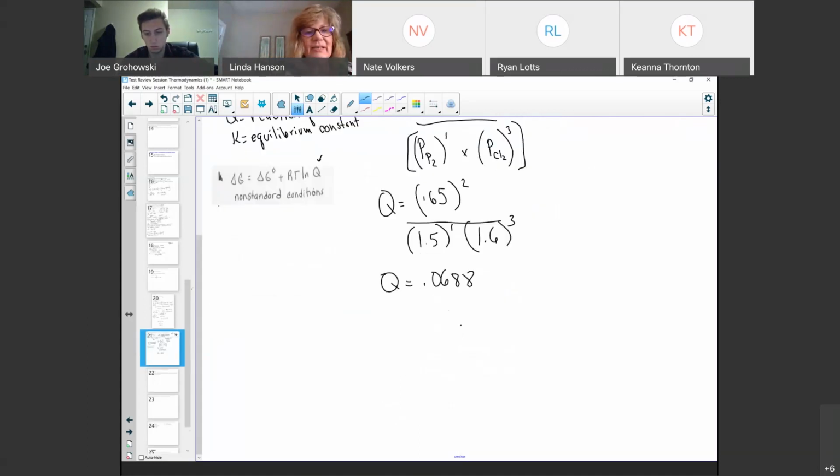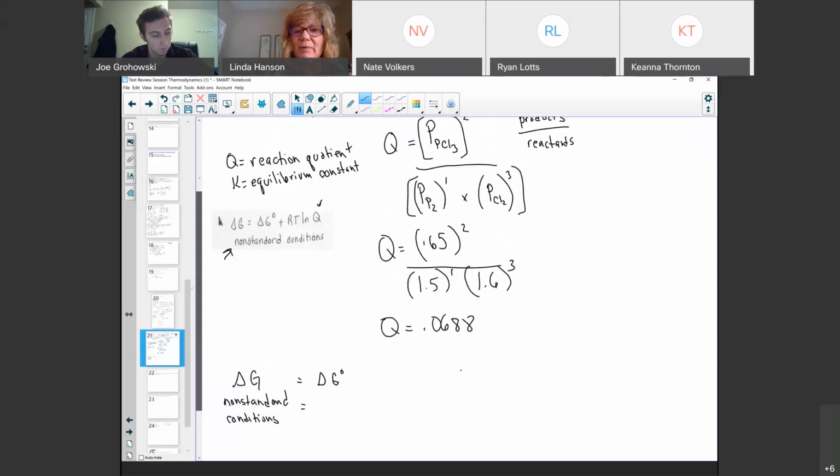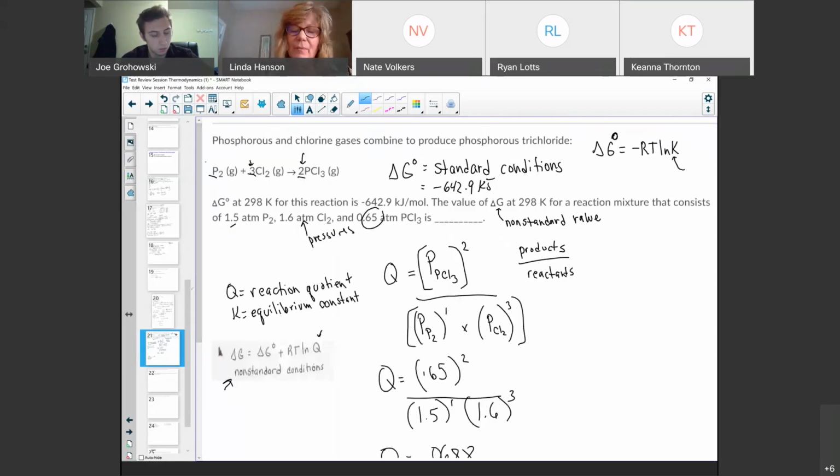Now it's a matter of plugging into our formula right off the formula sheet. I just pulled that, it's my own handwriting from your formula sheet. We're solving for delta G at non-standard conditions. That equals the standard delta G, which was given to us in the problem. I have to go back and look.